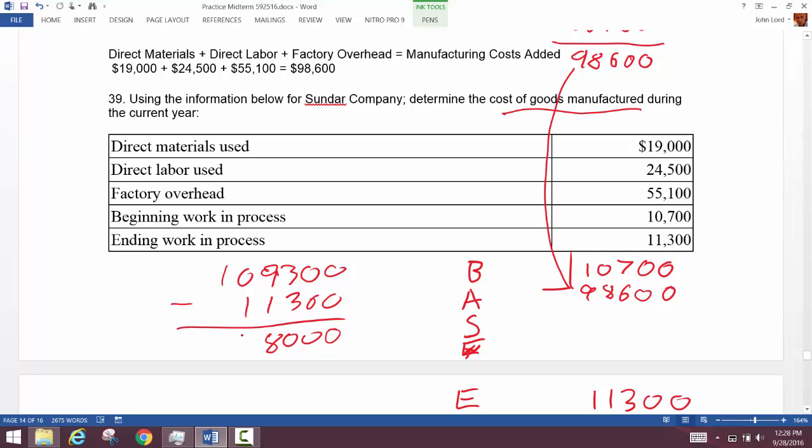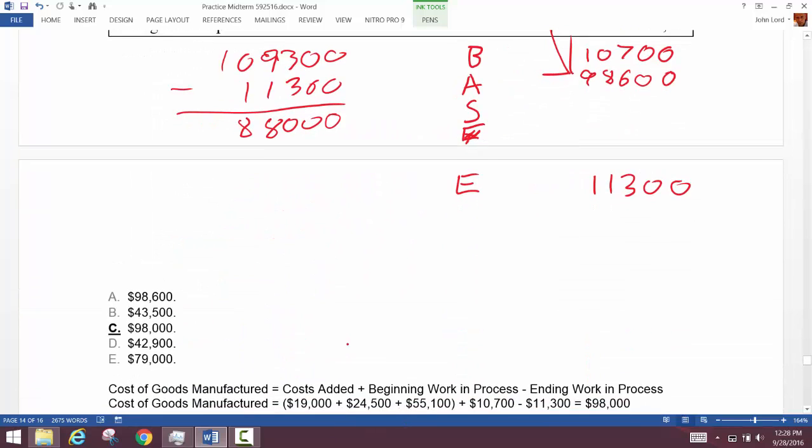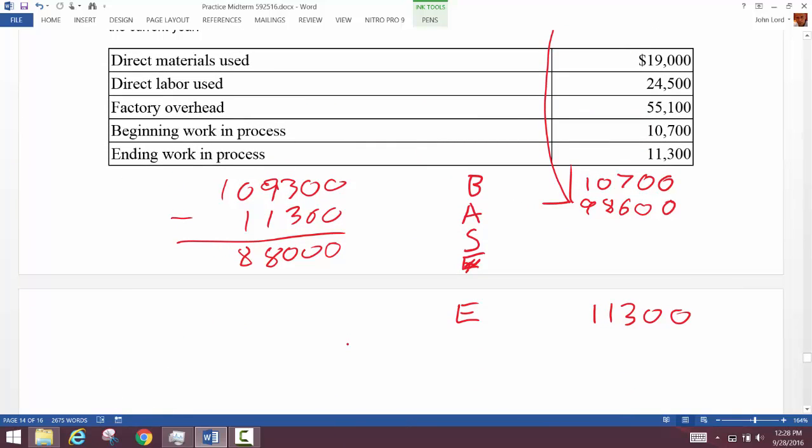Somebody want to help the man? That's why God created calculators. What's that number, guys? 98,000? Okay. All right, that's fine. So that's the subtract, isn't it? Yep. Okay, good.